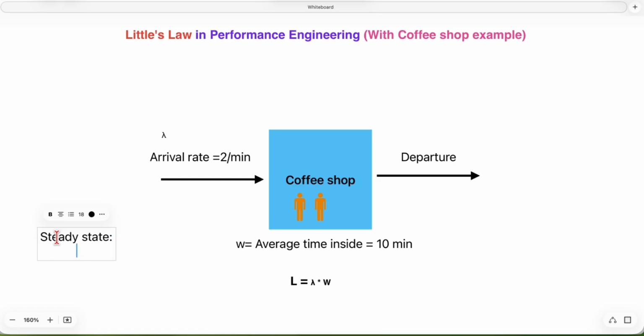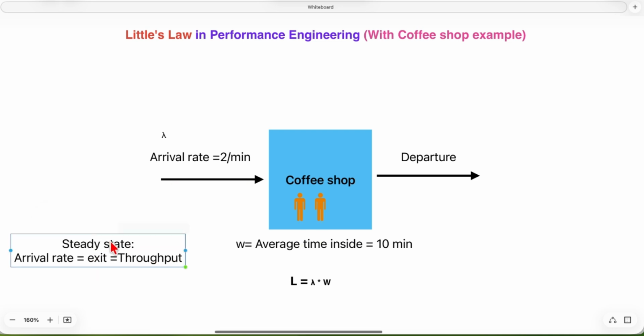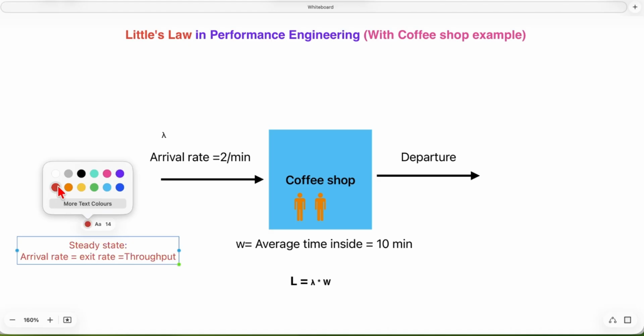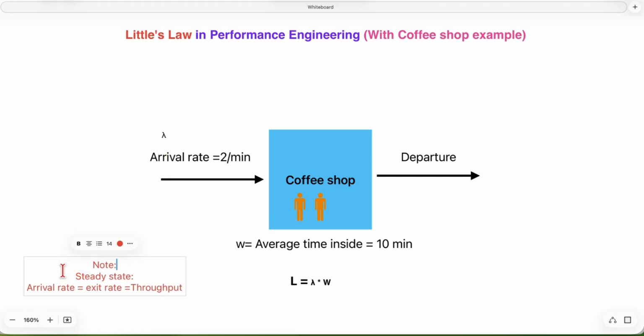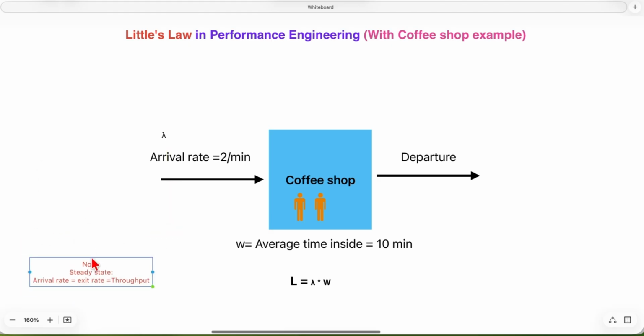Steady state means arrival rate equals exit rate, which is also called throughput, because this equation holds true whenever a system is in steady state.